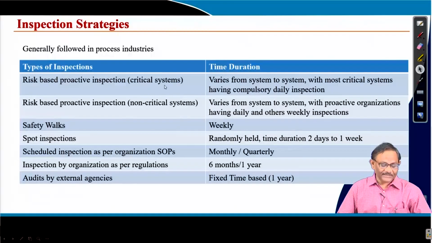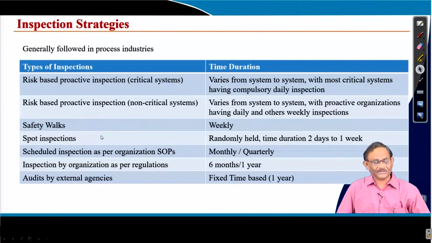If it is a critical system, a safety critical system, risk-based proactive inspection, and for non-critical systems also risk-based proactive inspections are being carried out. Safety walks, spot inspection, scheduled inspection as per organization SOP, inspection by organization as per regulation, audit by external agencies. These are the general inspection strategies being adopted in high risk industries, particularly in process industries.